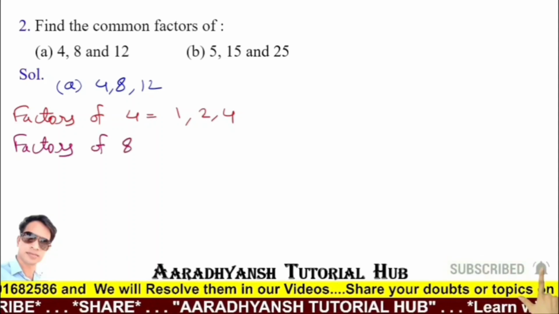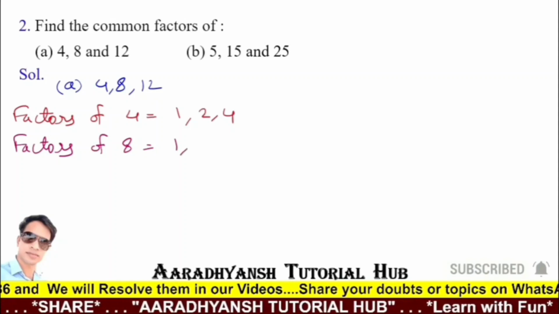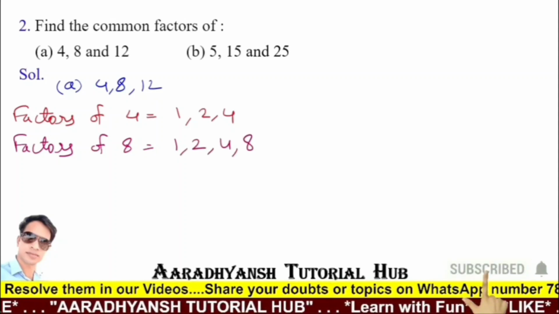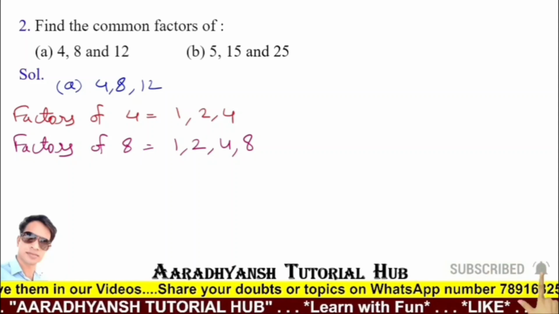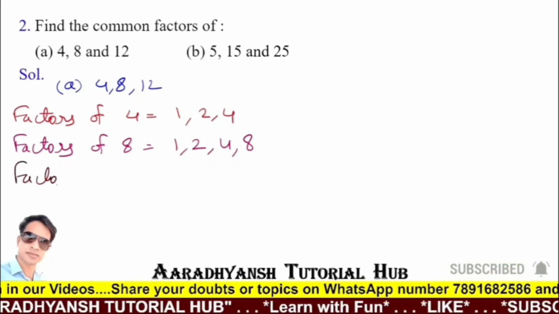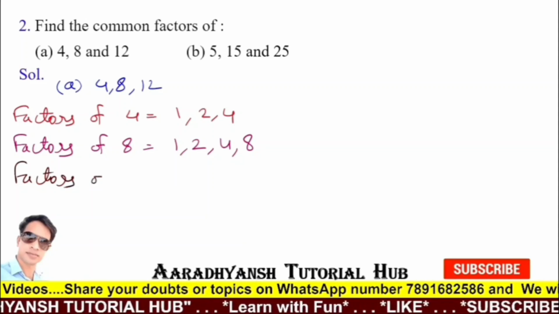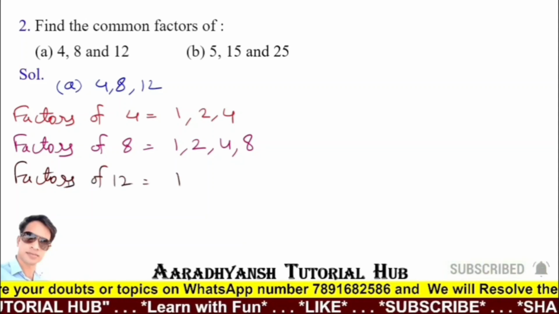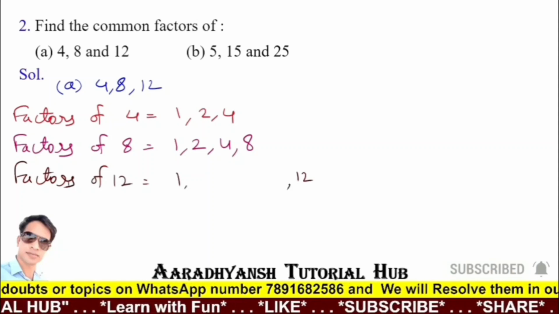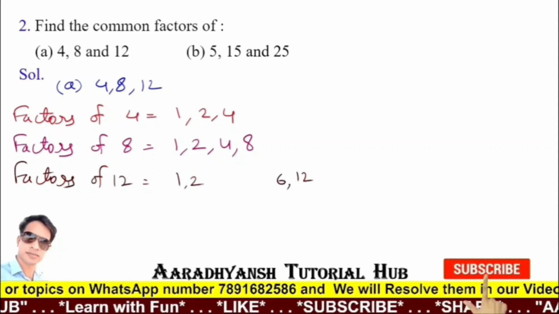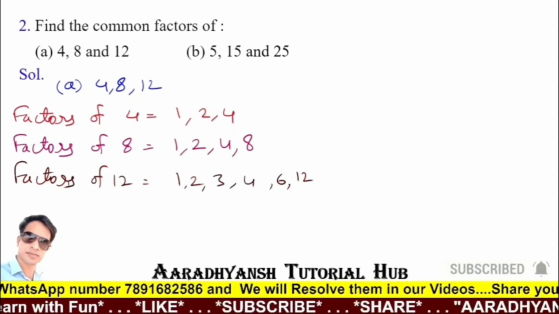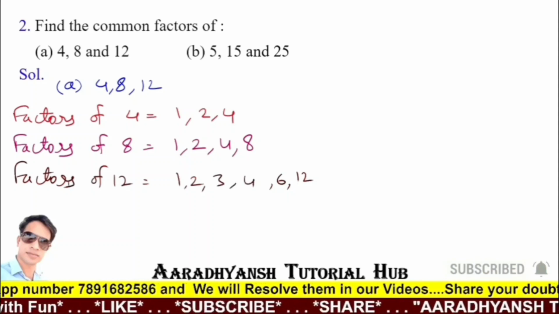Factors of 8, 1, 2, 4 and 8. Okay. Now factors of 12, 1 and 12, 2 and 6, 3 and 4.